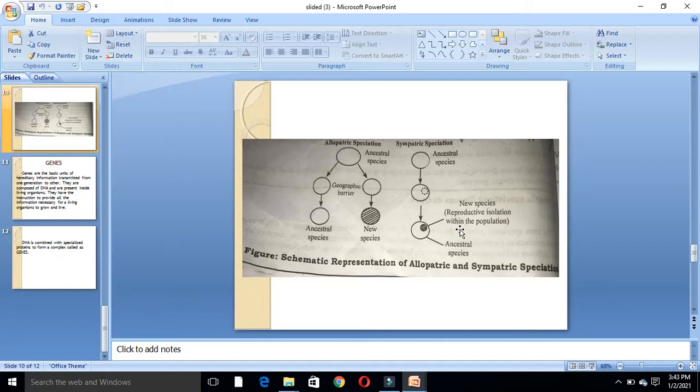Separation of the population, though they are living in the same geographical location, by reproductive isolation in sympatric speciation.